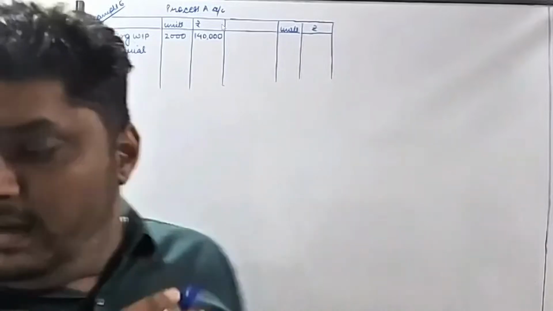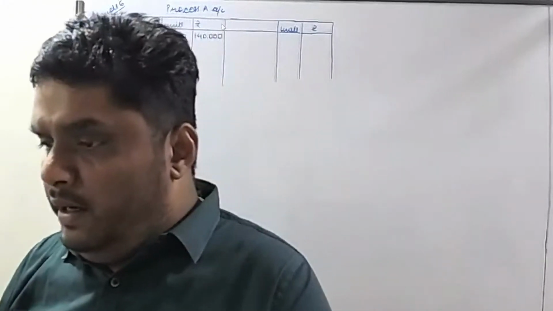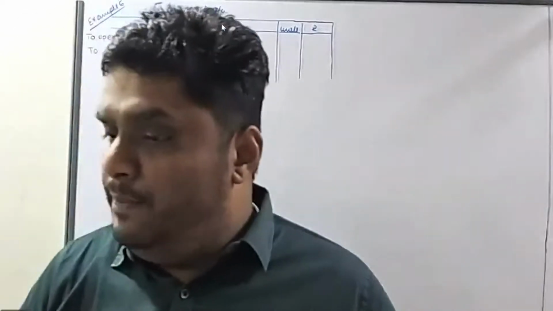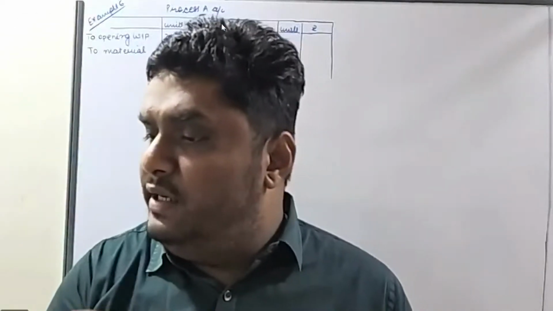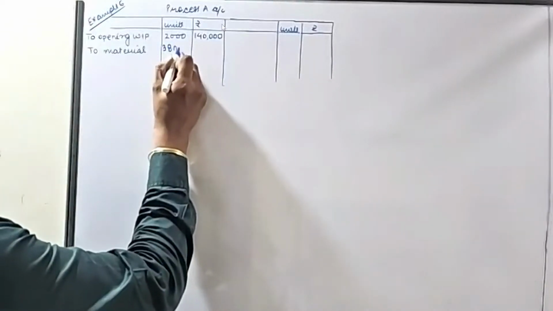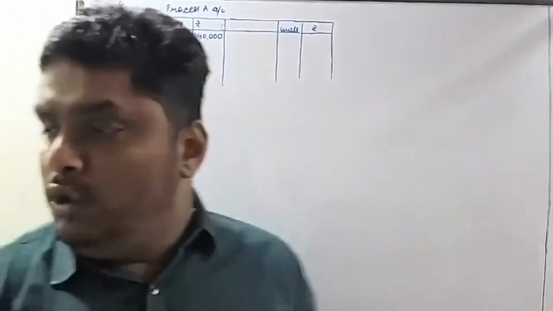The inputs that are made during the year, it is 38,000 units, and the total cost is 14,80,000.